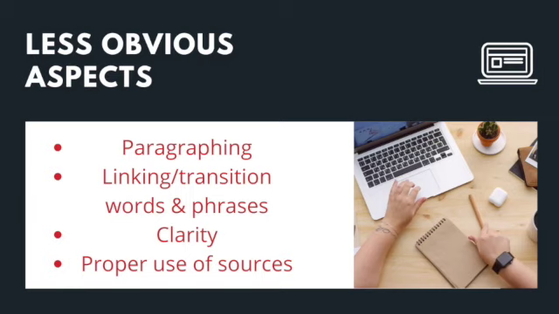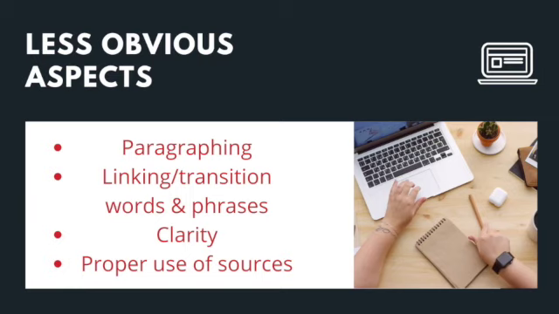So, paragraphing or writing and formatting proper paragraphs is an extremely important part of structuring an essay, and we will have an upcoming video on that topic. And then in addition to that, linking and transition words and phrases are extremely important as well as using clear and concise language that goes in line with clarity.